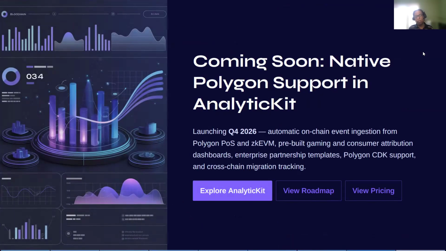From AnalyticKit, we have been working with various blockchain technologies. Right now, Ethereum is the only blockchain we are working on, but we are actively engaging and working with Polygon. Very soon, we are hoping that by the end of this year, we will have tools and technologies to support the Polygon network so that you can have a marketing campaign specifically tailored to the Polygon blockchain.